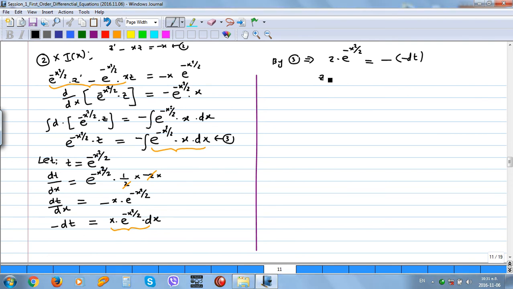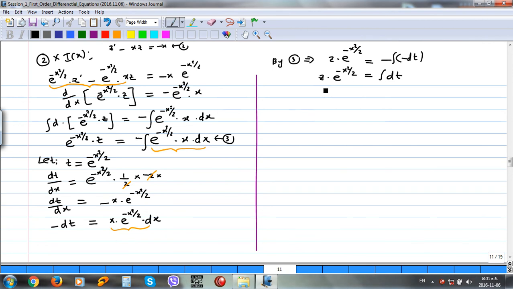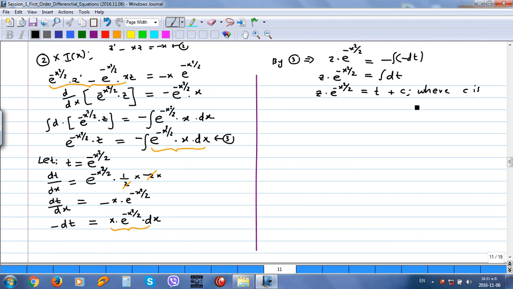So z e to the power minus x squared over 2 equals minus minus, plus integral dt. See here the integration sign, so we have to write the integration sign also there. Then here dt. So what happened then? If we integrate this, here comes t plus c, where c is an arbitrary constant.